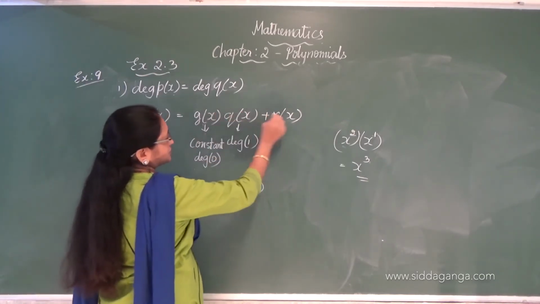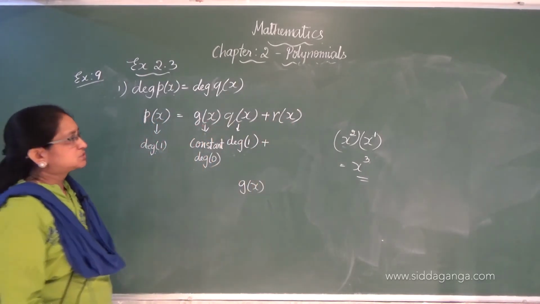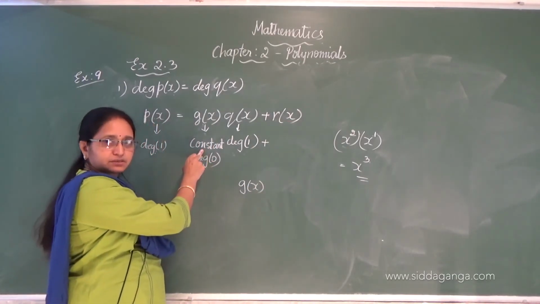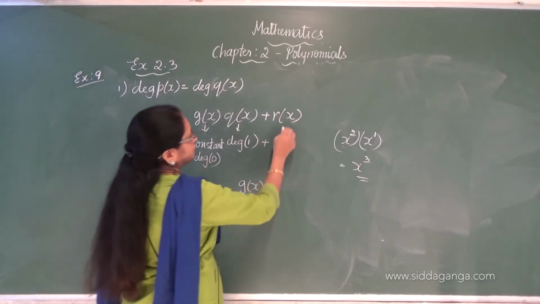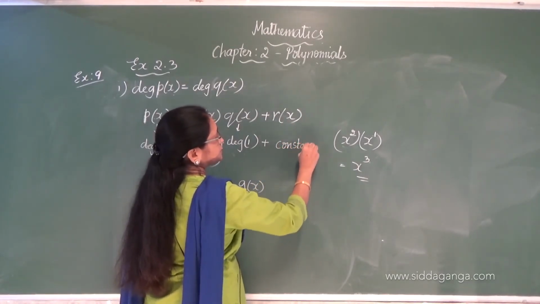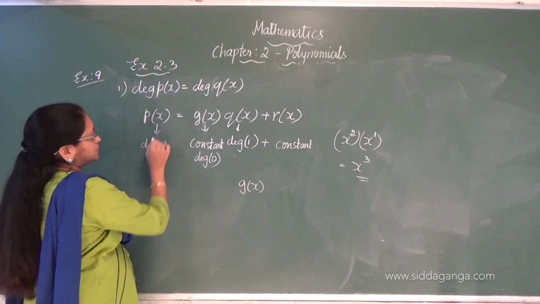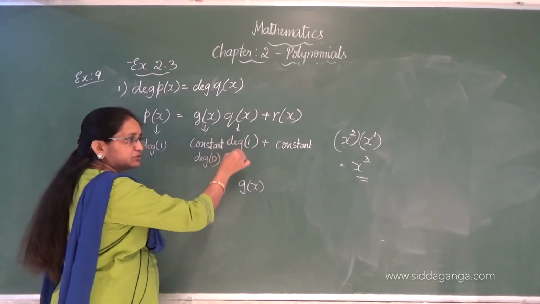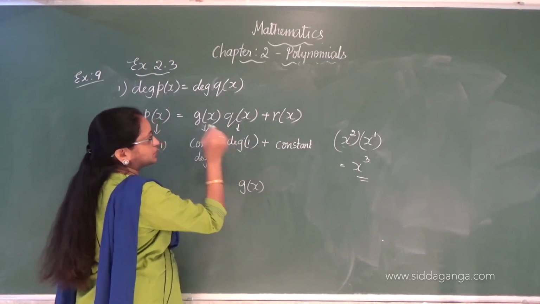Then definitely for r(x), you all know the condition: when you compare with g(x), the degree of r(x) will be less than that of g(x). So here definitely less than the constant means degree 0. It can't be minus 1, you all know. So again here also it is constant. I hope it is clear. Let me explain once again. If p(x) is degree 1, q(x) also should be degree 1 only. If you take degree 2, then this also should be degree 2 only.